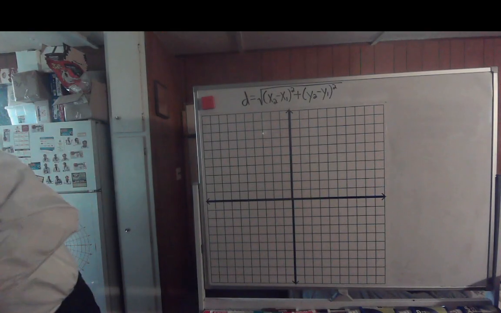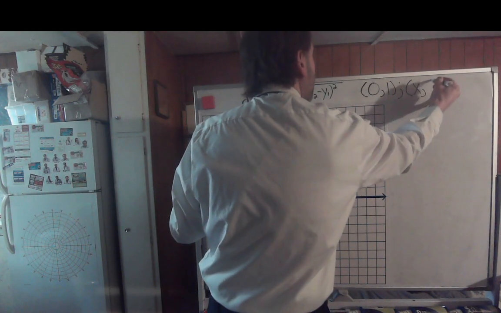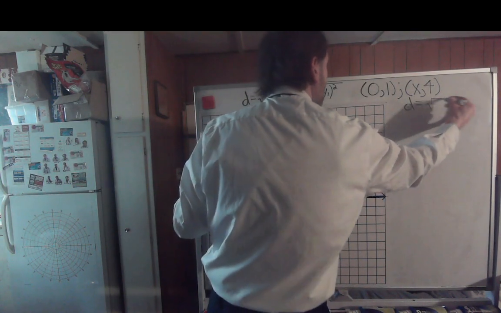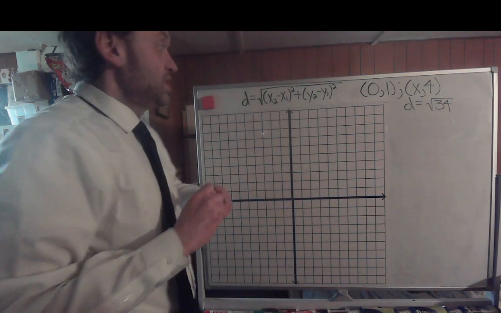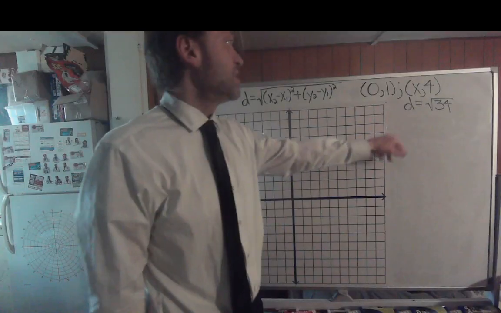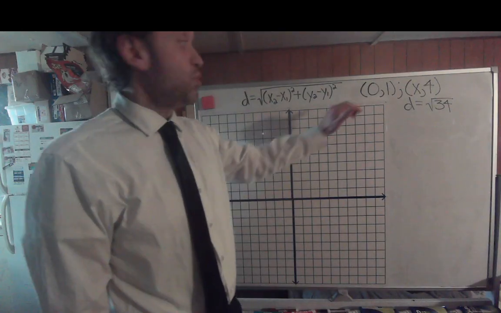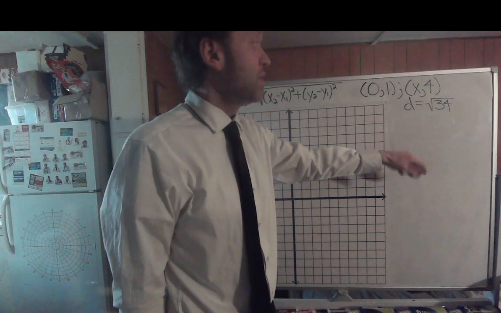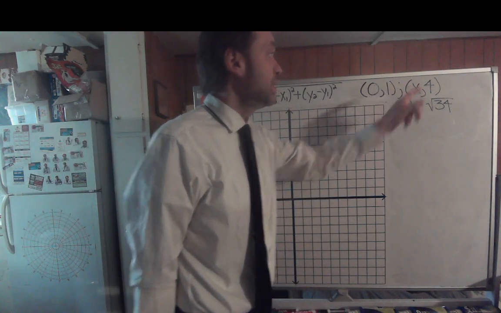We're going to solve for some missing coordinates between the points 0, 1 and x, 4. They even tell us that the distance equals the square root of 34 units. So now we're going to use the distance formula to find the missing x-coordinate of the second point. So you have the points 0, 1, x, 4. The distance equals the square root of 34. So what would be the missing point there?